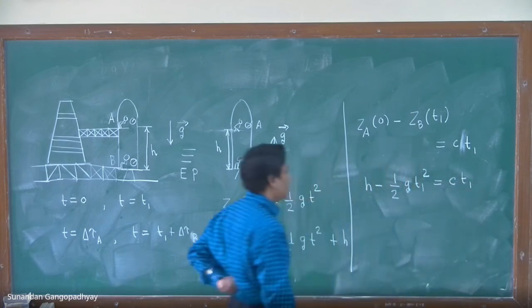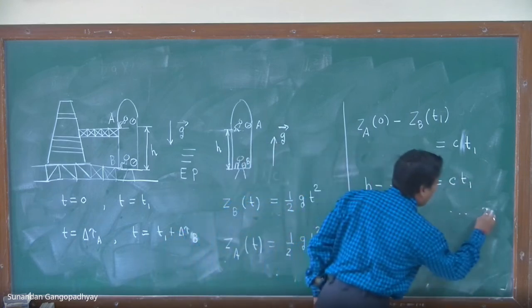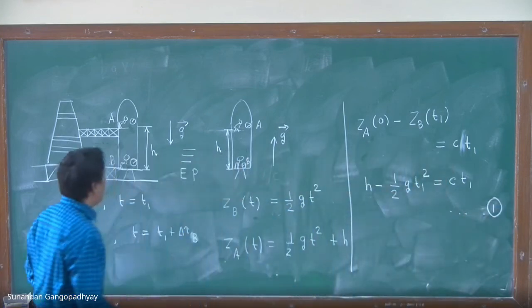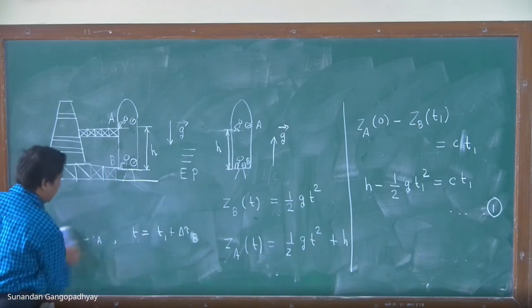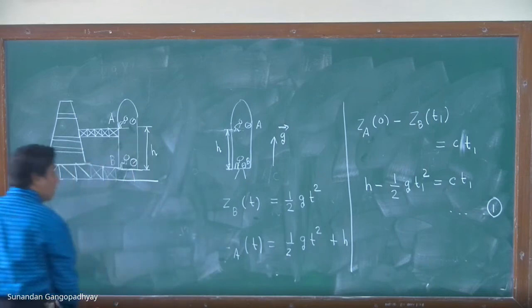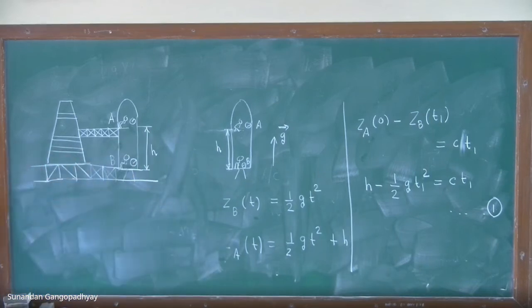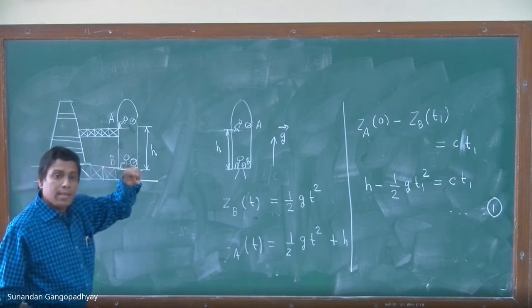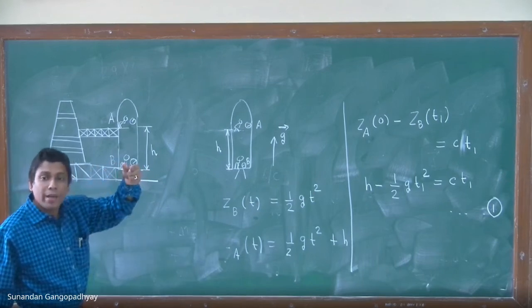This is the first equation. And now this is the distance traveled by the first pulse. Distance traveled by the second pulse, what will be that distance? So the second pulse, Alice has sent the second pulse at delta tau A interval.